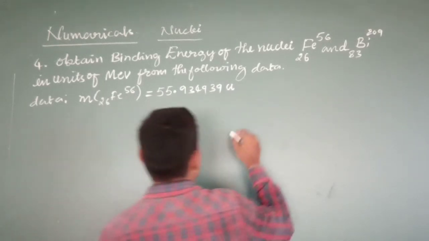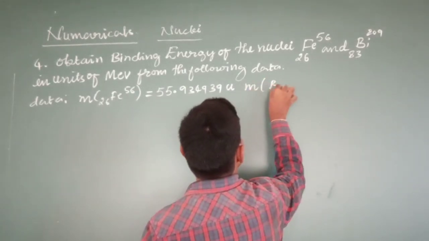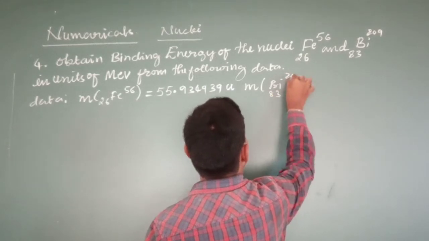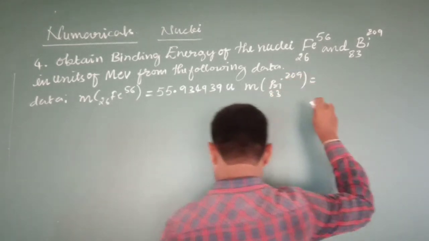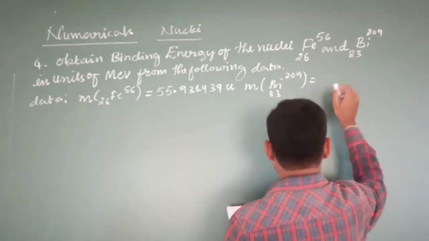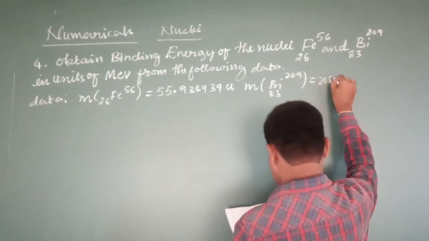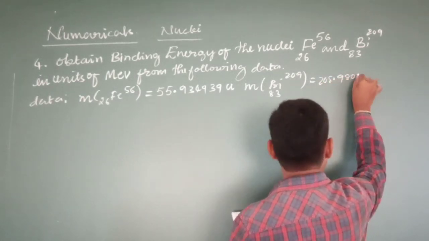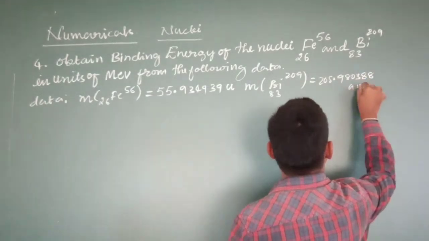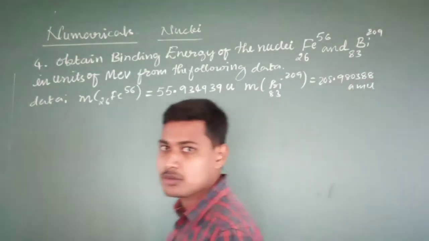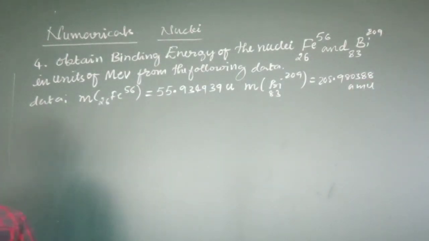And mass of bismuth 83-209 they have given as 208.980388 AMU, atomic mass unit.